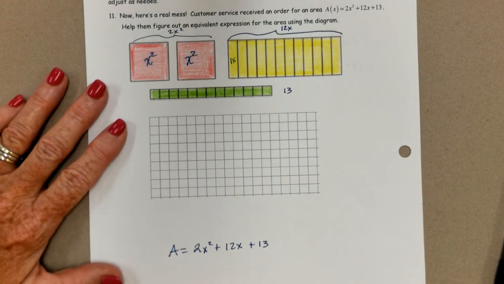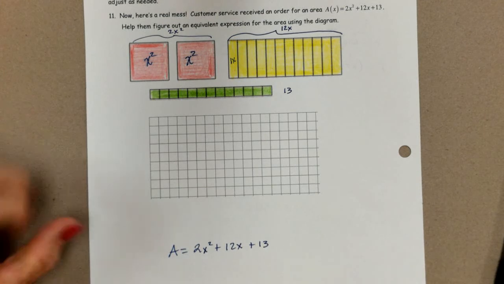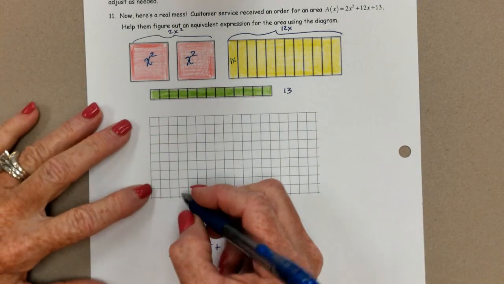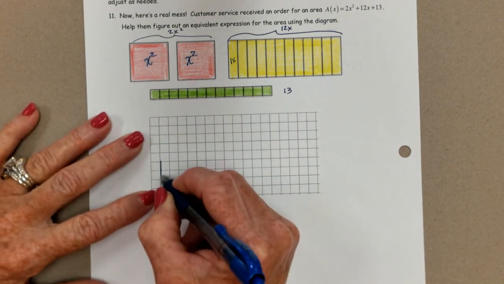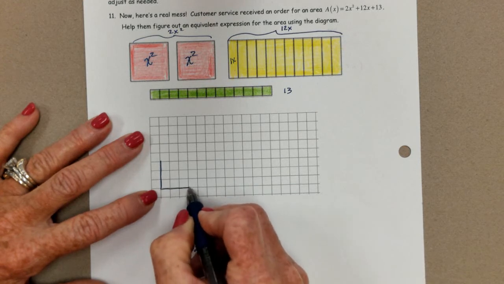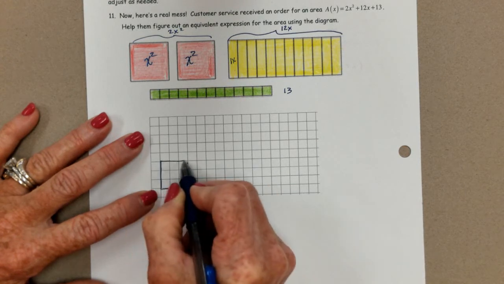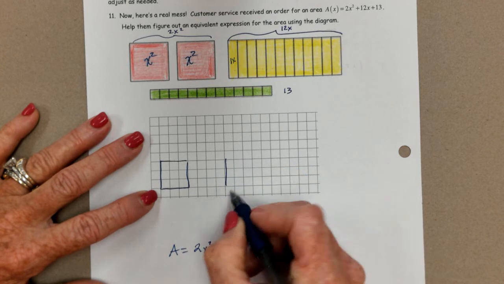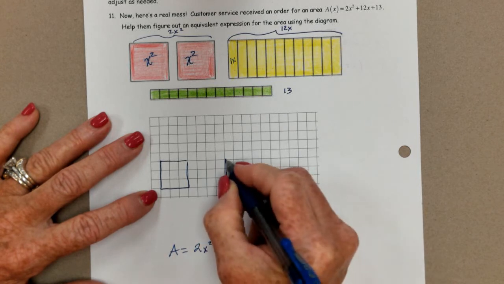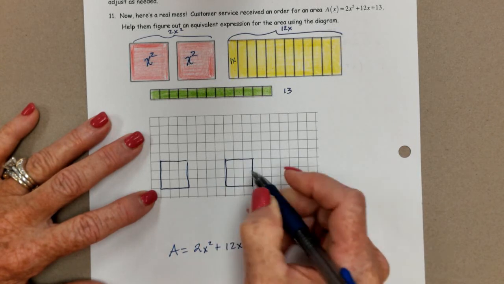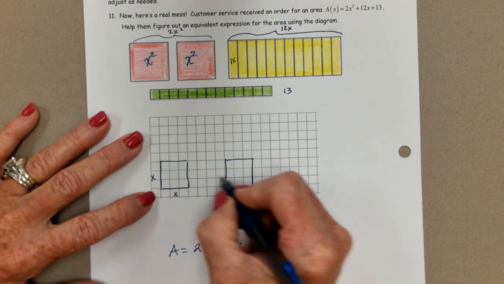Okay? All right, now we're going to stick these together and try and make quilt squares out of these. So let's draw our basic block first. That's x by x.